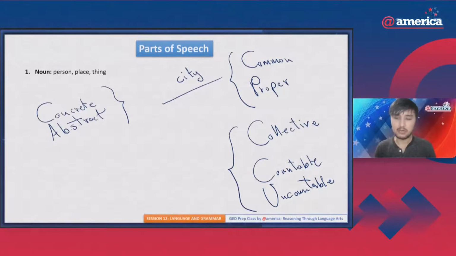And then you have proper noun. A proper noun is the name of a specific person, a specific place, or a specific thing. For instance, John is a specific person, right?